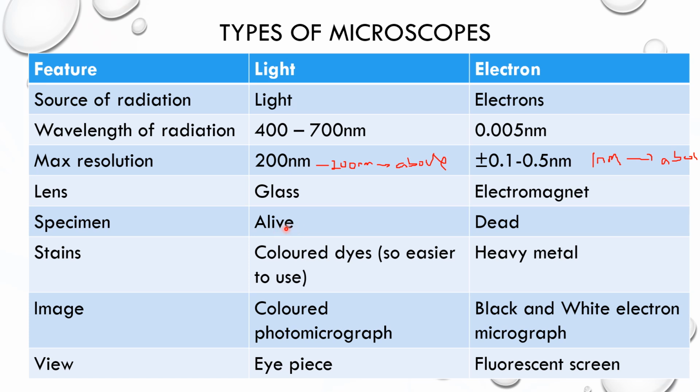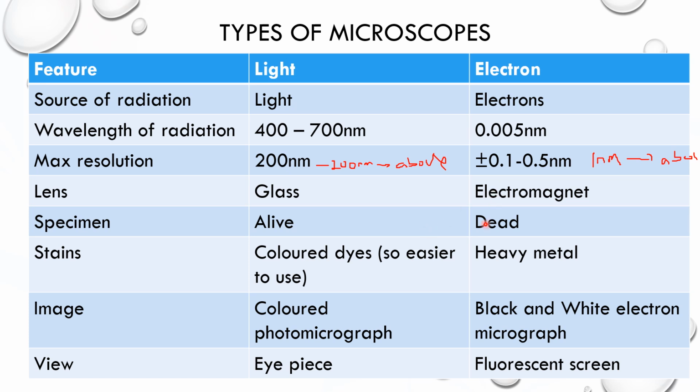You can use it to watch, for example, mitosis, and to watch live processes in real time. Electrons can only be used to view dead specimens, because electrons do not travel through live specimens.